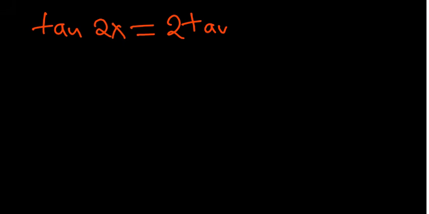The other thing you have to note is for tan. If you have tan 2x, we said it was 2 tan x on top, and on the bottom 1 minus tan squared of x.